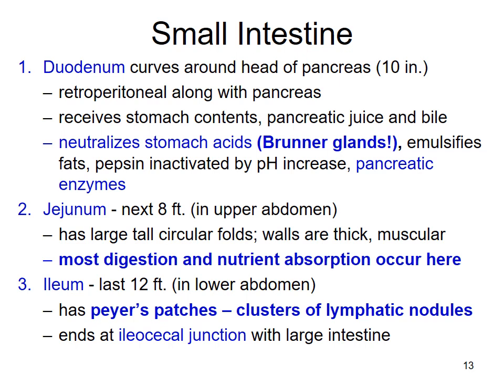The jejunum is the middle part. This is where most of your digestion and nutrient absorption occur. And then the ileum is the end part. This is where you have your Peyer's patches, which are your white blood cell nodules. And you also have the meeting point with the large intestine, which is called the ileocecal junction.